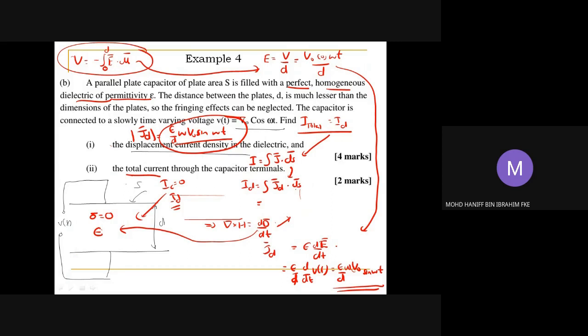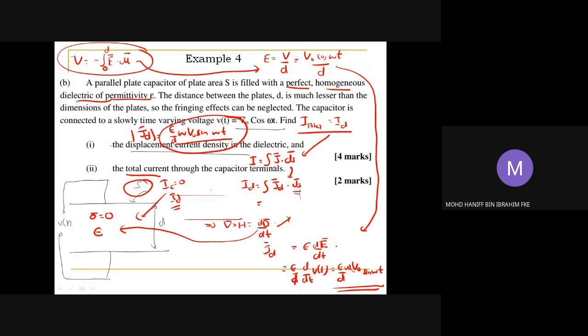The area that we need to use will be the area of the plate, S, because it is the area that will be passed through by this particular current.